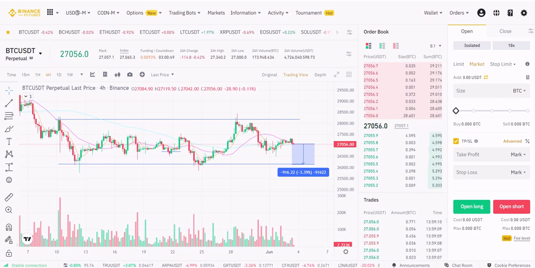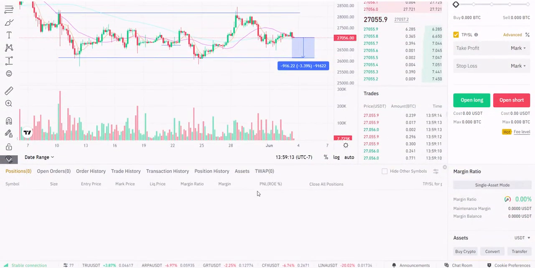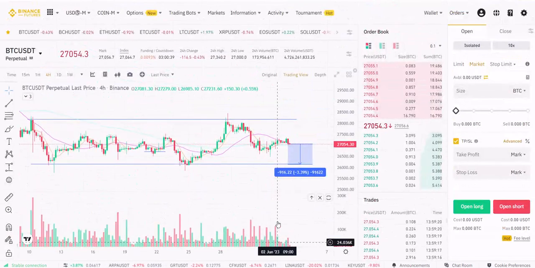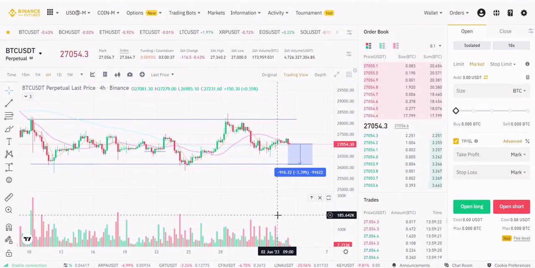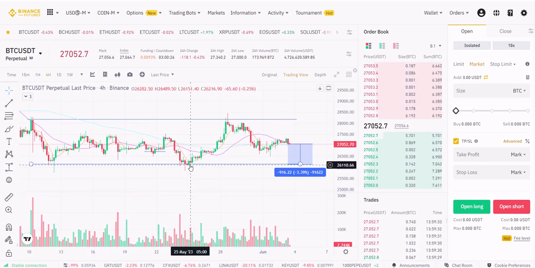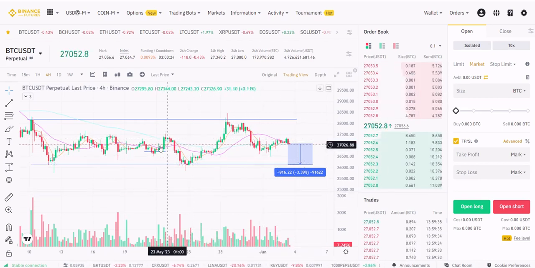Because if you start seeing negative numbers in the profit and loss, the P&L percentage, it can get kind of nerve-wracking. But the idea is, once again, to choose appropriate leverage. I would use 10x in this case, because I would say the chances are pretty good that it's going to go down to the bottom pretty much directly.